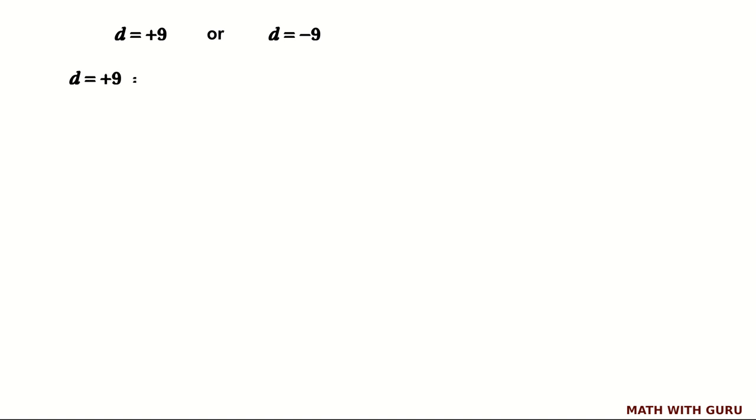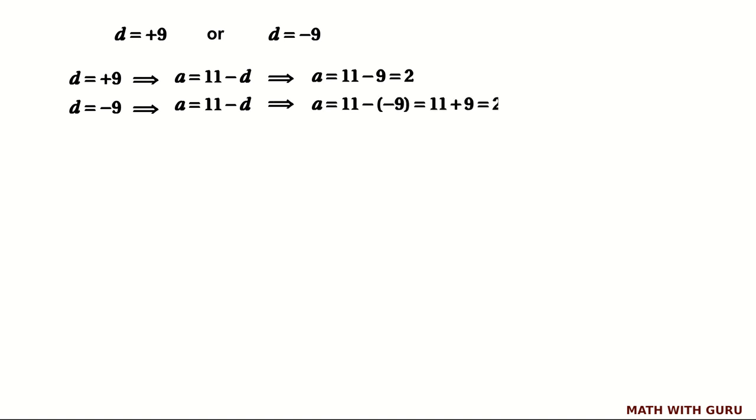If D is plus 9, A equals 11 minus D, that is A equals 11 minus 9, which is equal to 2. If D is minus 9, then A equals 11 minus of minus 9, which is equal to 11 plus 9 equals 20.